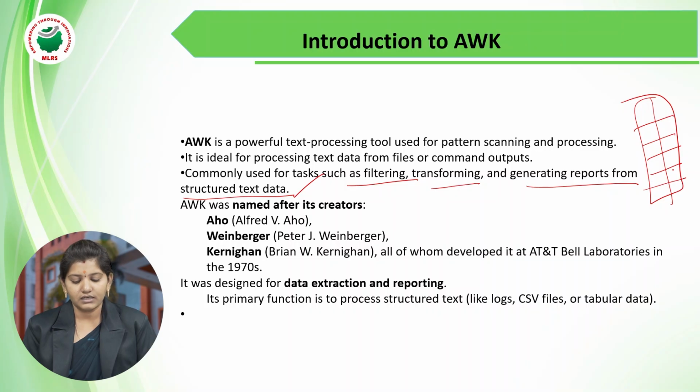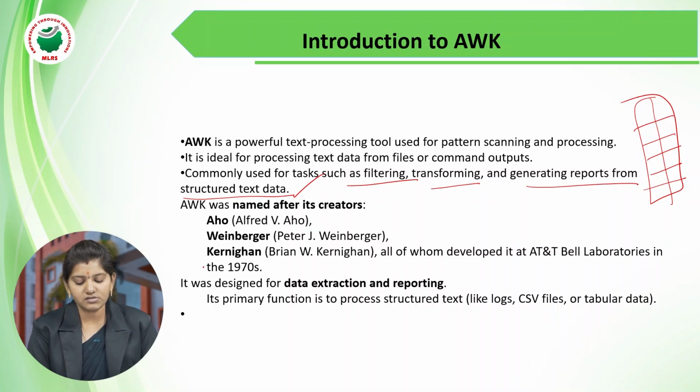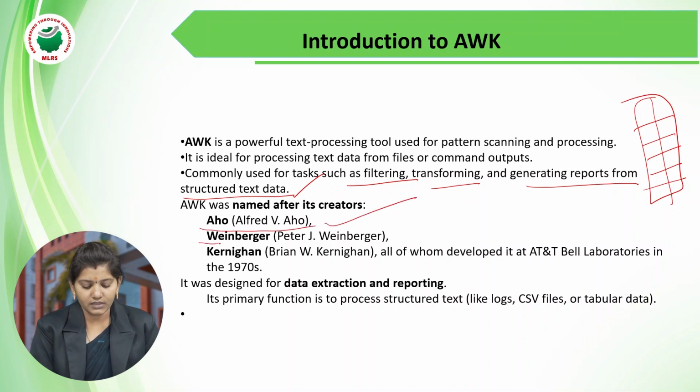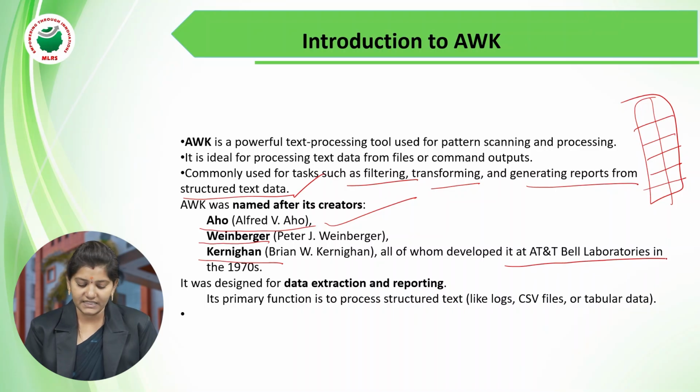So what is the abbreviation of AWK? AWK is formed from the names of its three creators. The first one is Aho, the second one is Weinberger, and the third one is Kernighan. These are the three persons who created and developed AWK at AT&T Bell Laboratories in the 1970s.